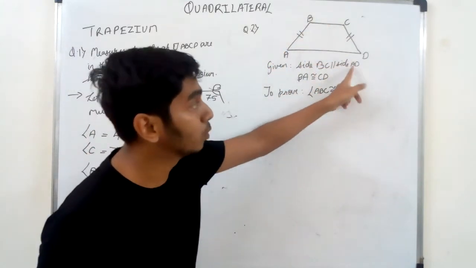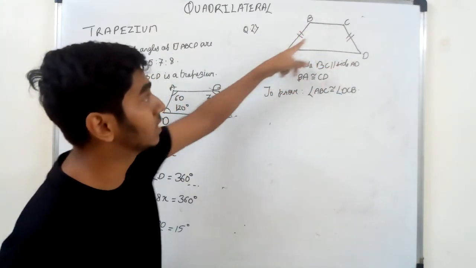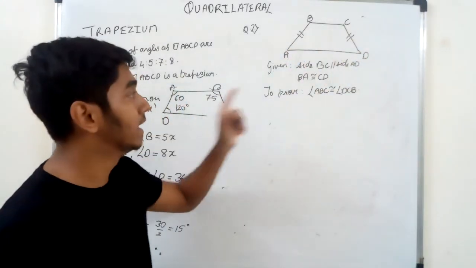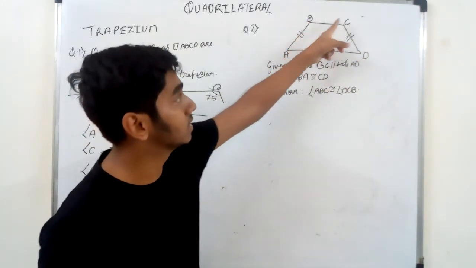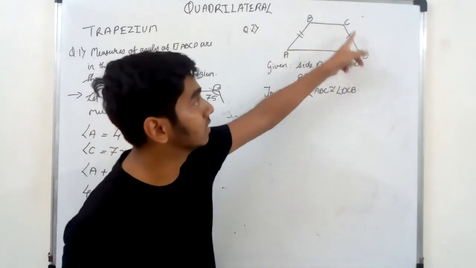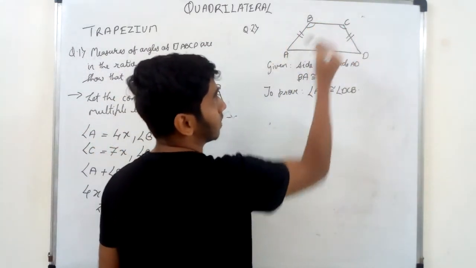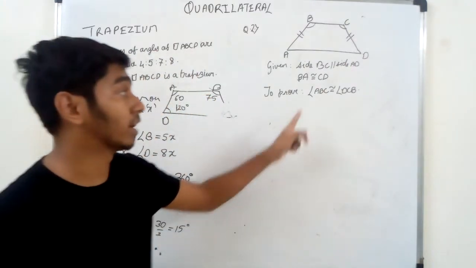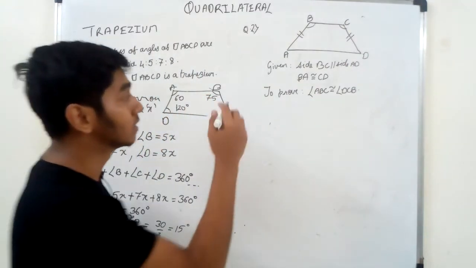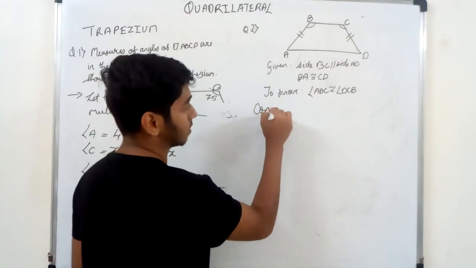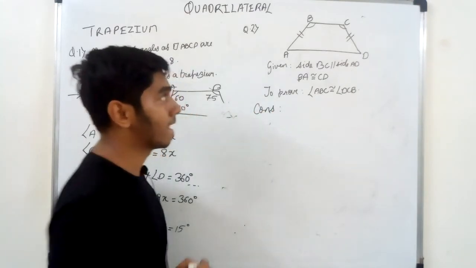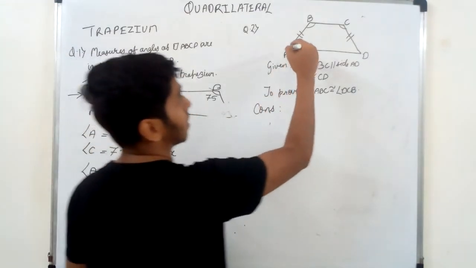BC is parallel to AD and BA is congruent to CD. Okay, we have to prove that angle ABC is congruent to angle DCB. So this angle and this angle should be congruent, we have to prove. Okay, so to prove this, we'll do a construction. Okay, we'll do a construction like this.